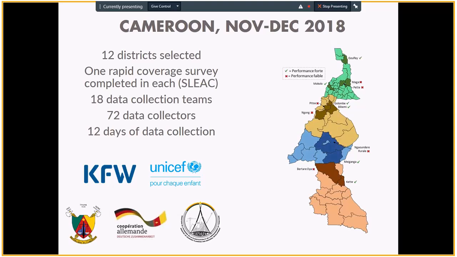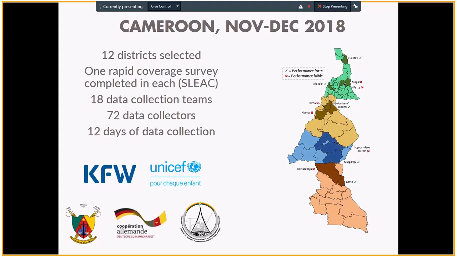But we had a big team, the biggest team by far that I've ever had to train. It was 72 in total, divided into 18 teams, and 12 days of data collection.